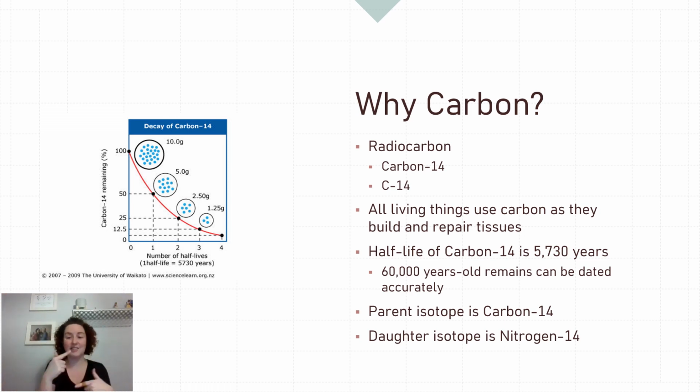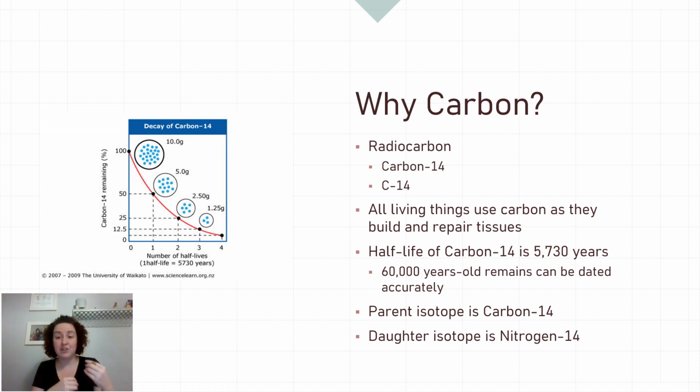And then it's just this constant cycle. So we take in carbon through our foods, because if all of our plants are taking in carbon or our other animals are releasing carbon, upon their death or their consumption, there's still carbon in them. So we are constantly taking in carbon.